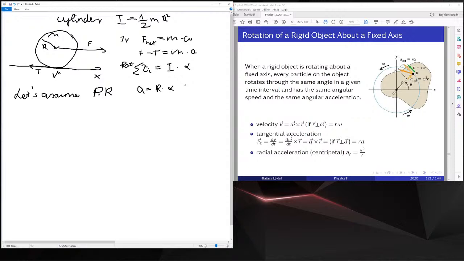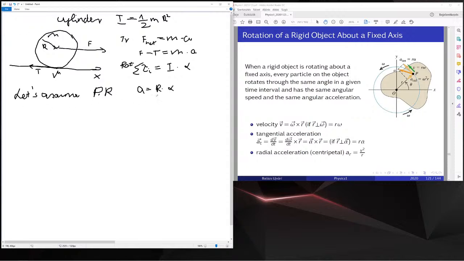If you ride a bicycle, your acceleration and the angular acceleration of the wheel are connected by the radius of the wheel. So when you accelerate, the angular acceleration of the wheel will be a over r. You can't imagine that, for example, your speed gets larger and larger and the angular acceleration of the wheel is zero, so it rotates with constant rotation. No way. They have to be connected.